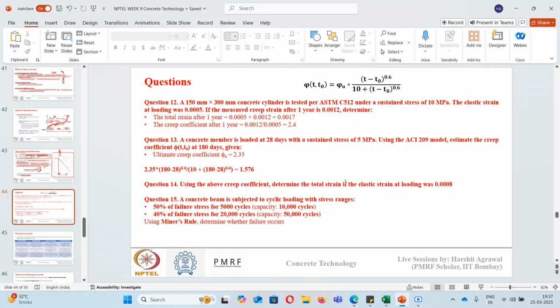Now I know the ultimate creep coefficient. How can I determine the total strain if the elastic strain is 0.0008? Can anyone tell me the answer for this part?